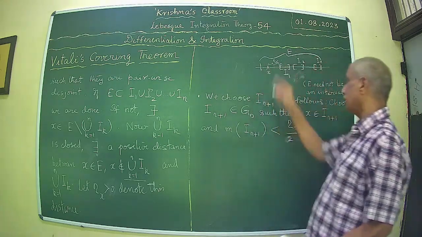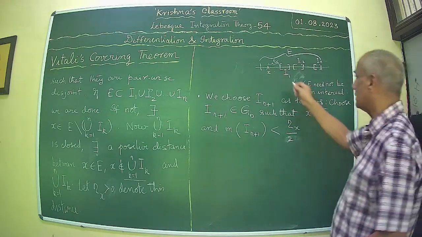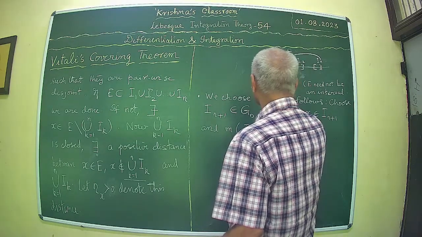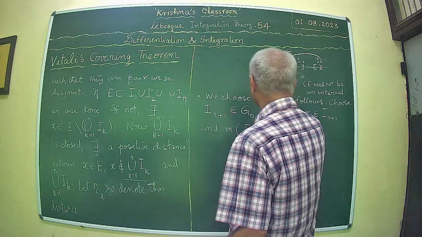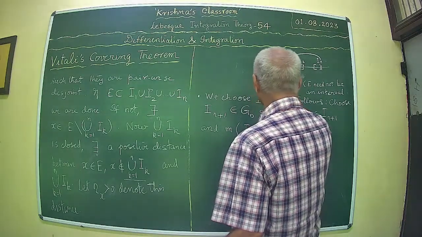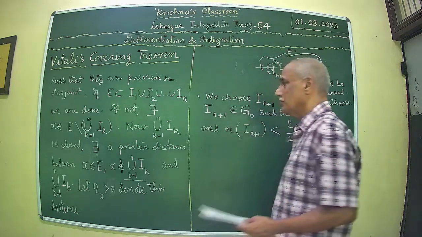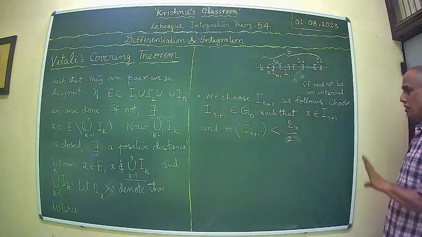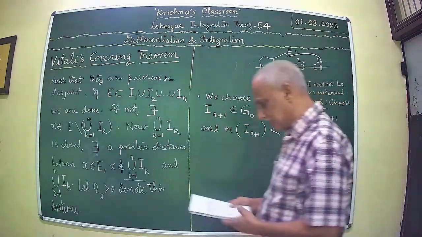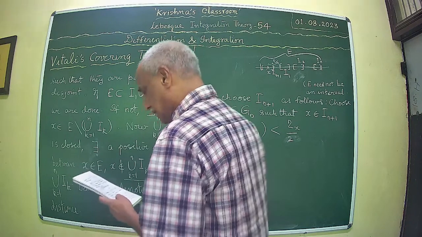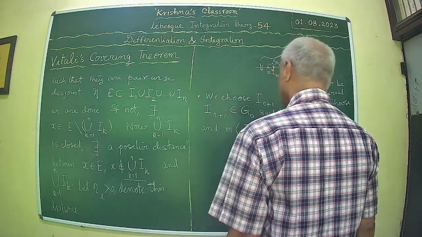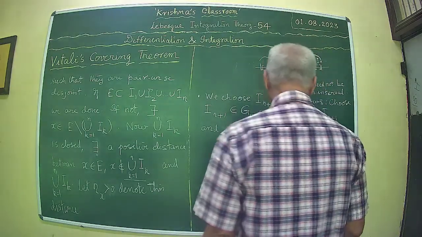So it makes sure that it is half of this distance, which in turn means that IN plus 1 does not have an intersection with the union of I1 to IN.